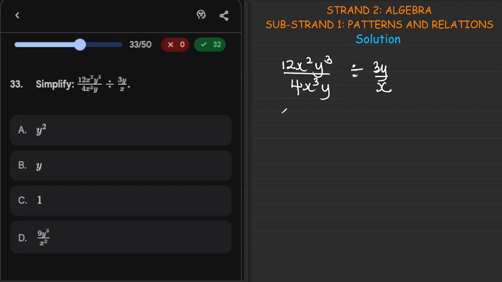Using the KCF method, we keep the first one, change the sign, and then flip the second one. So we maintain our 12x squared y cubed all over 4x cubed y. Then instead of division, we change it to what? Multiplication. Then we flip this around so that it becomes x over 3y.